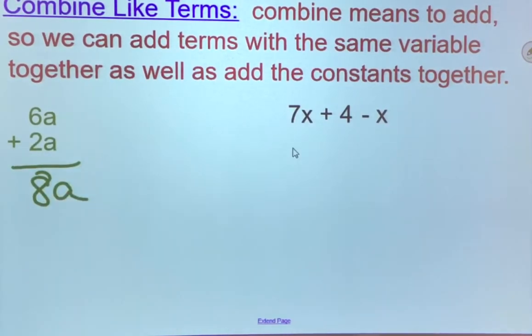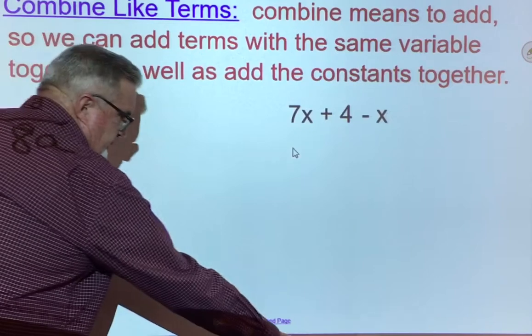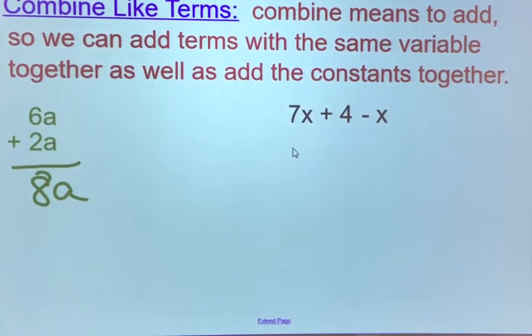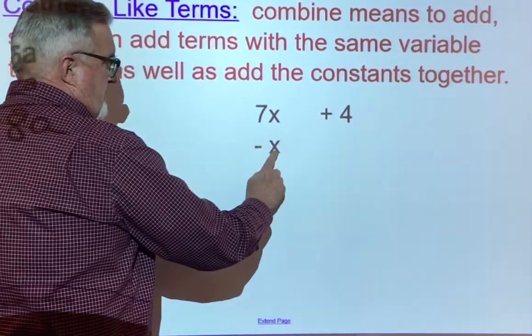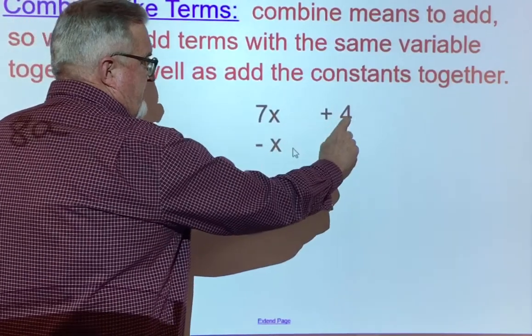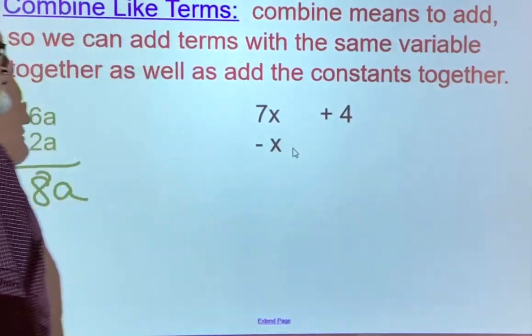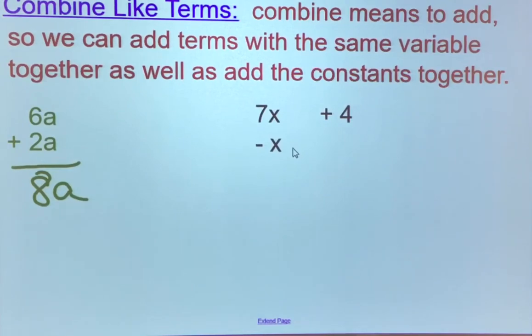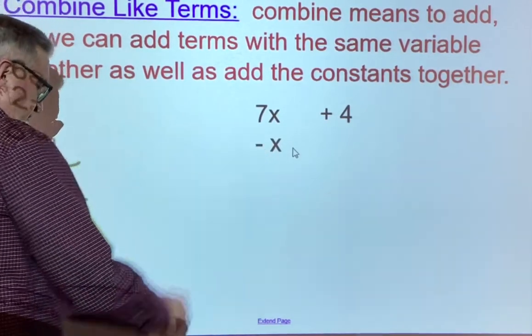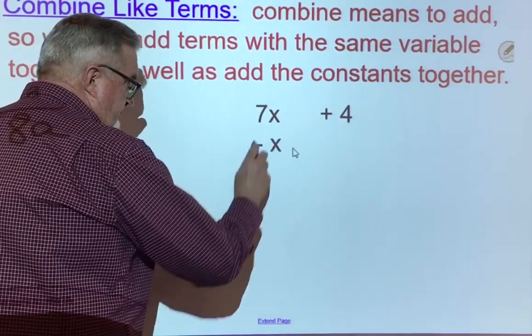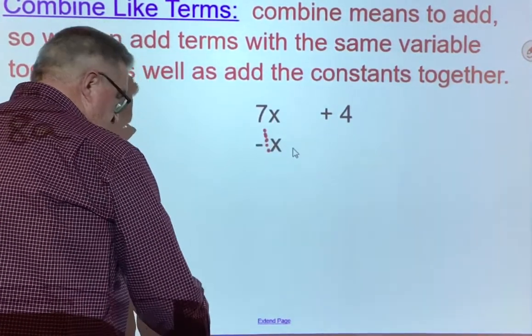8a, okay? On the other expression there, we've got 7x plus 4 minus x. Well, 7x and -x are like terms. And then we have the constant by itself, which is just positive 4. When I have a variable without a coefficient in front of it, there's always what I like to call the ghost of 1 standing there, okay?